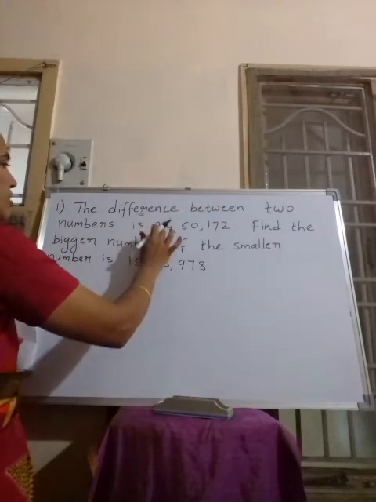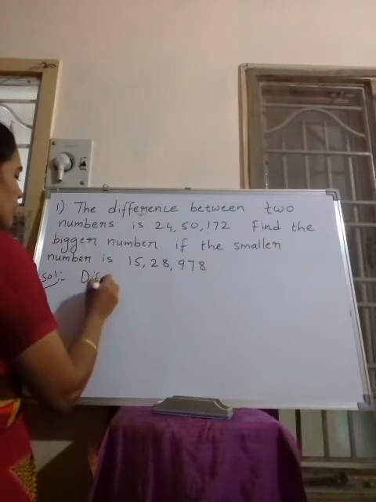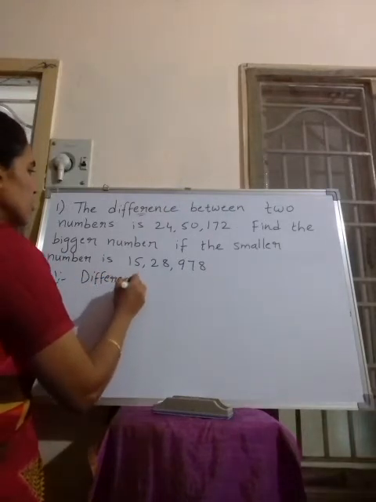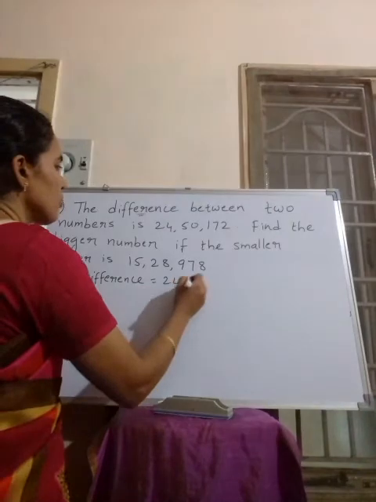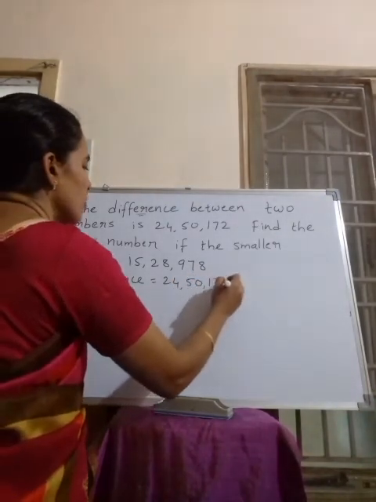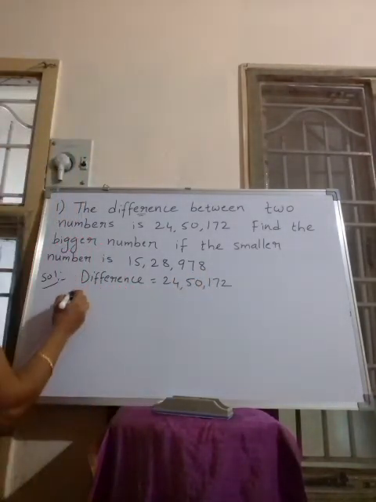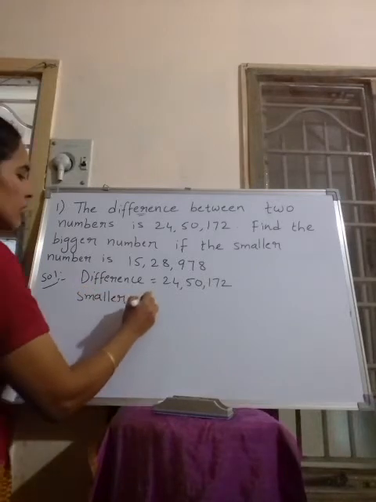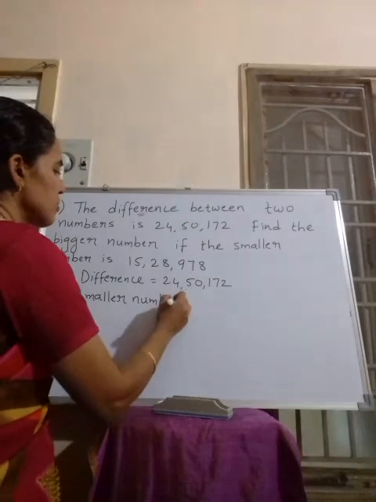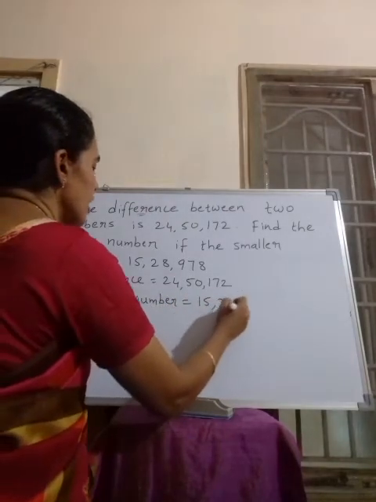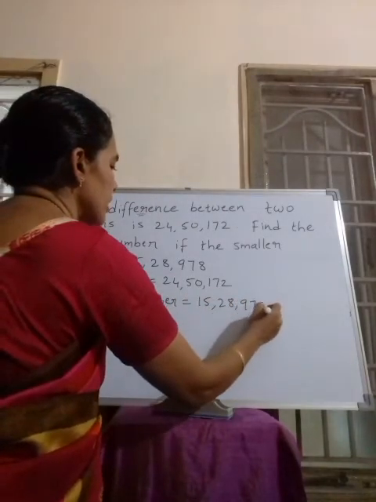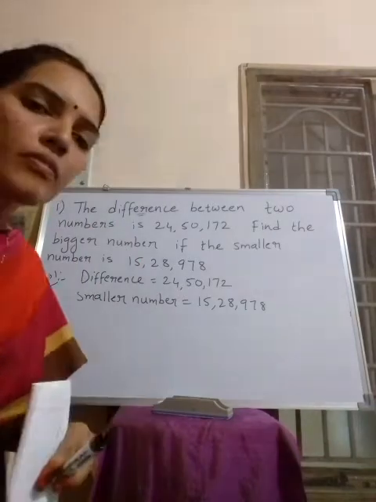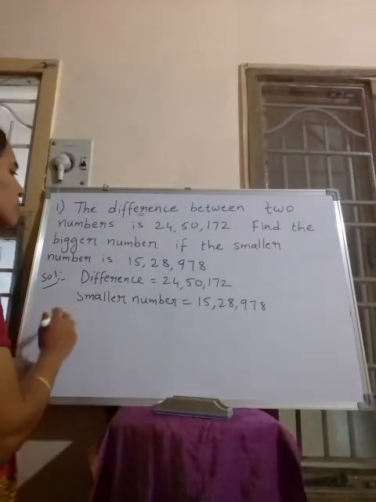First we write difference is equal to 24,50,172 and smaller number is equal to 15,28,978. And now what we have to find?